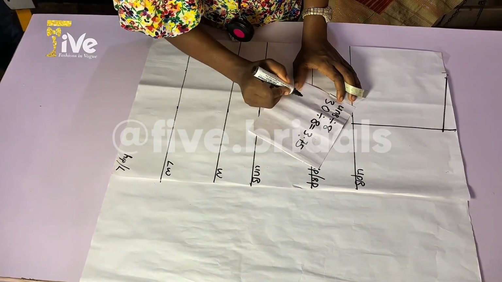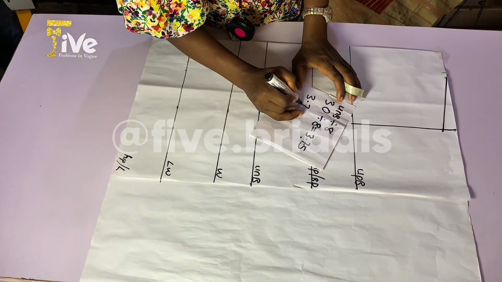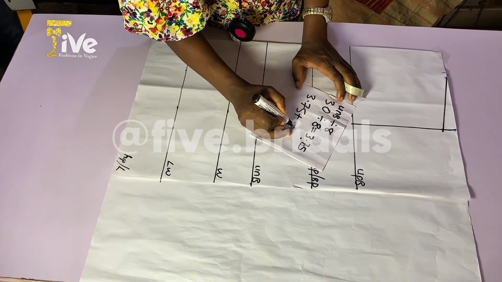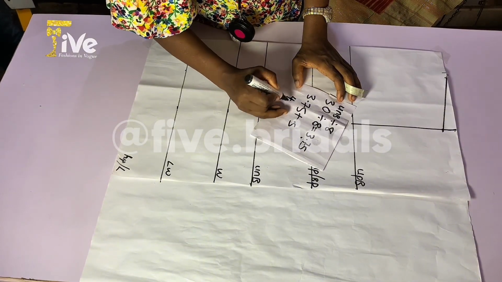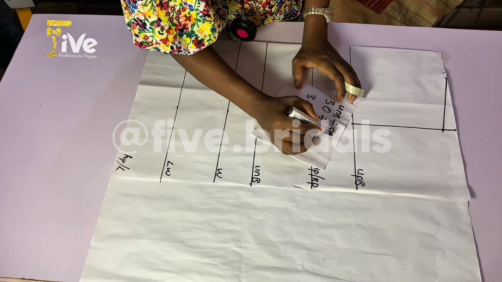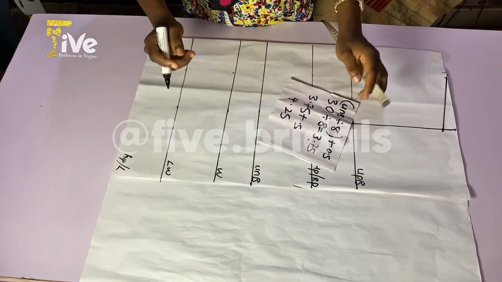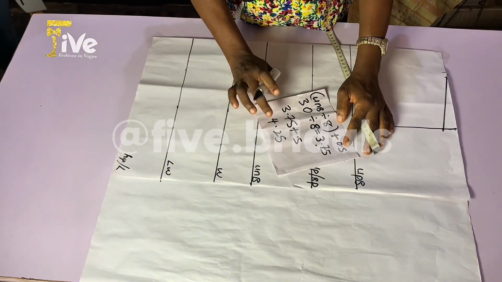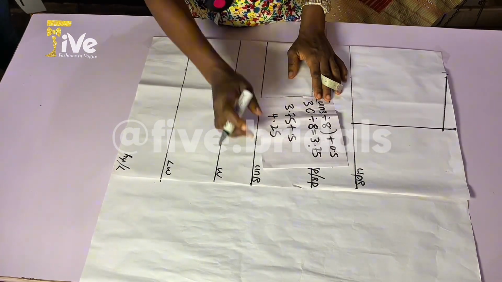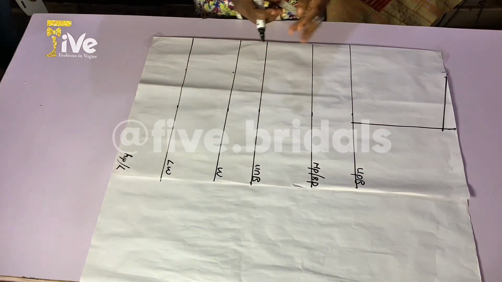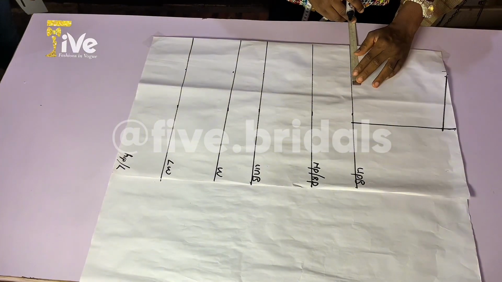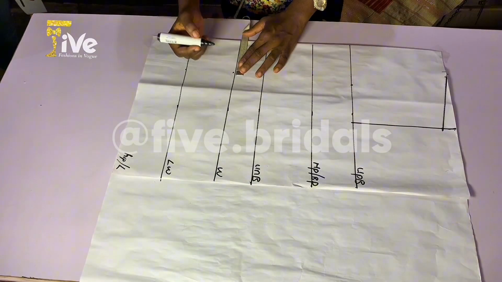Whatever we get, we add half. So 3.75 plus 0.5 gives you 4.25. Under bust divided by 8 plus 0.5 gives you your dart line. So we are working with 4.25. Mark it around here.